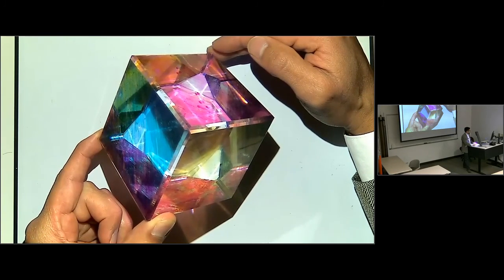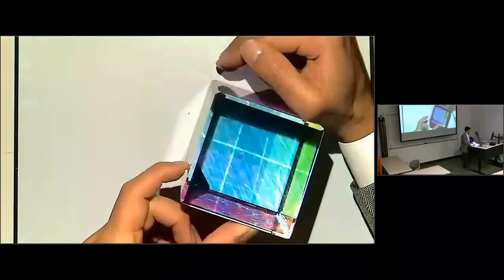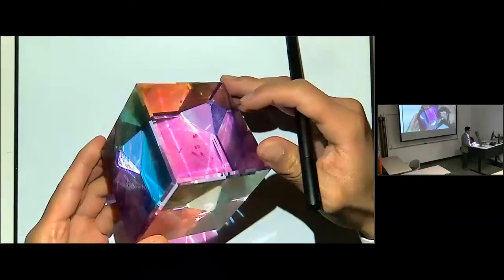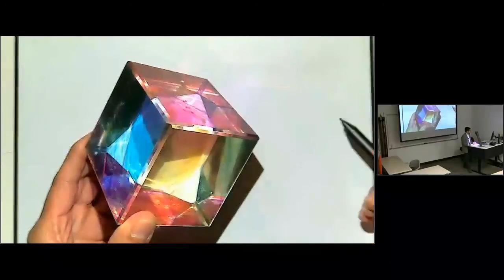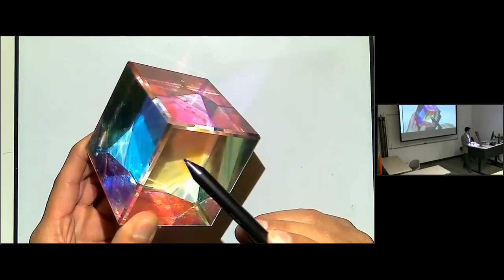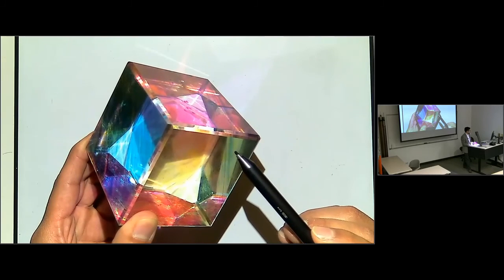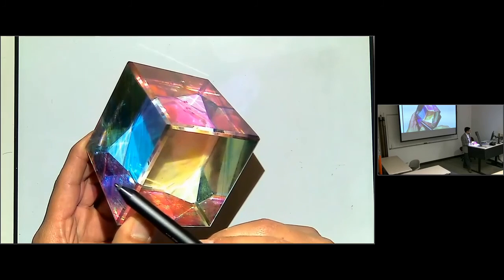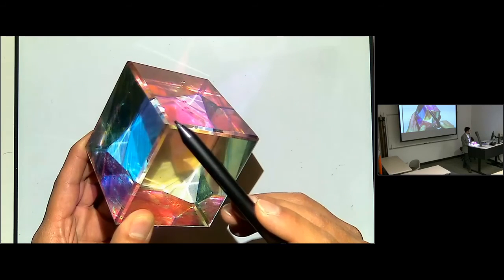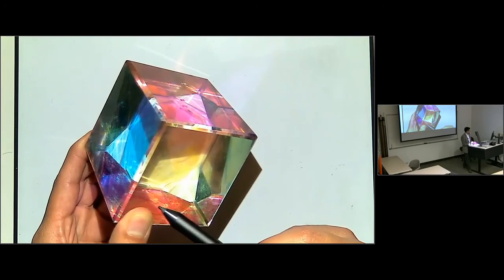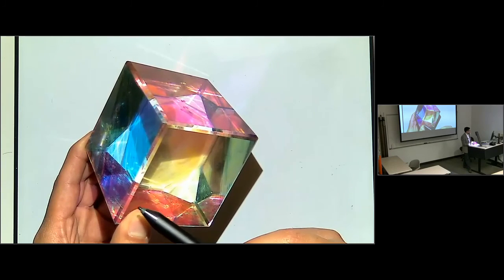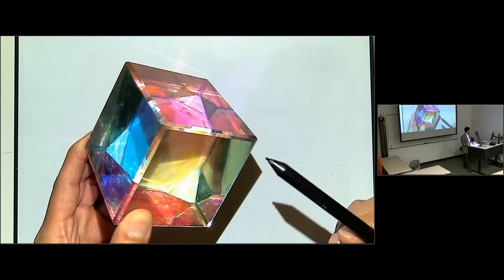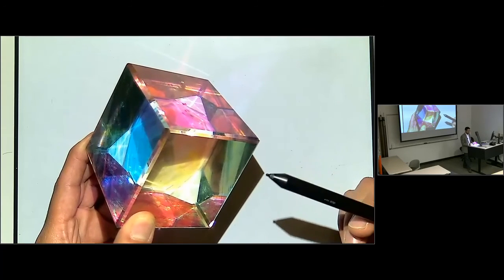Yeah, so we have here apparently yellow, green, light blue, violet, pink, red, orange, a dark green, light green. So there are quite a few colors, right?